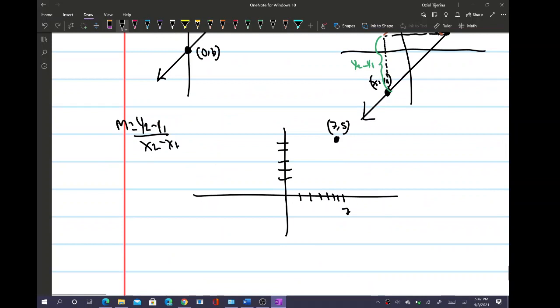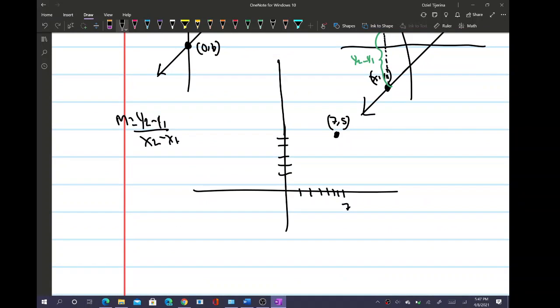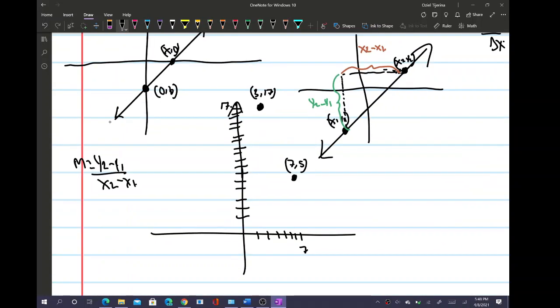And then (3, 17), here's 17, so it'd be right here, about. So notice, you always want to go from left to right, okay? It's (3, 17), and then it's (7, 5), right?